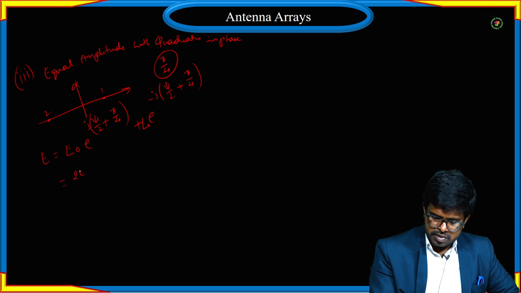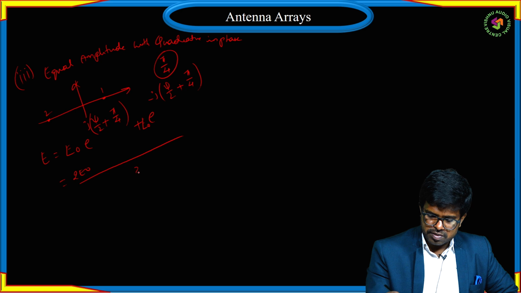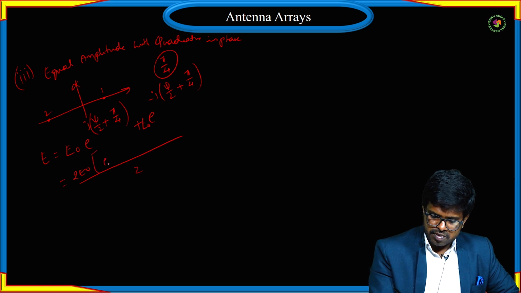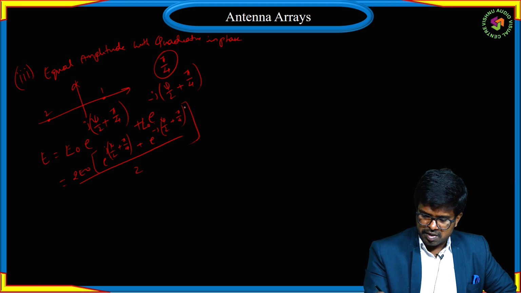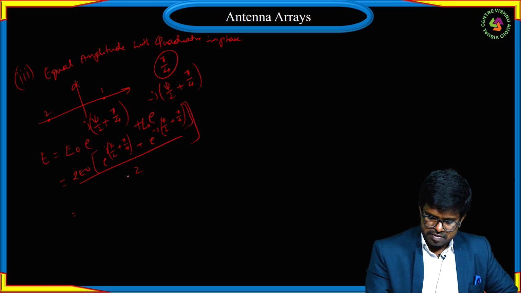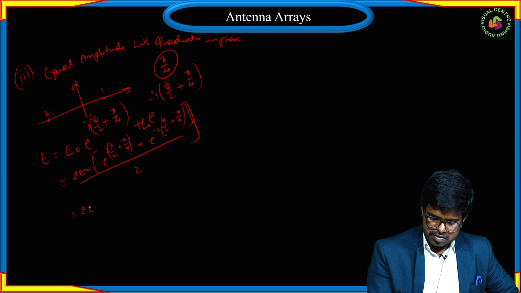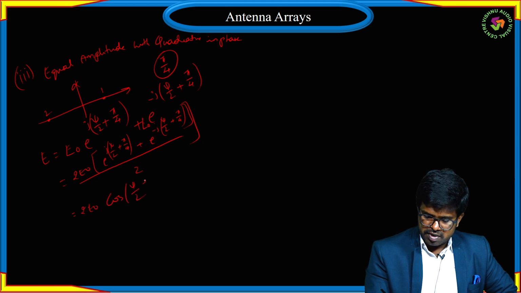Then take 2 E naught by 2, e power j psi by 2 plus pi by 4 plus e power minus j psi by 2 plus pi by 4. So this equation is normally your cos equation. 2 E naught cos of psi by 2 plus pi by 4.